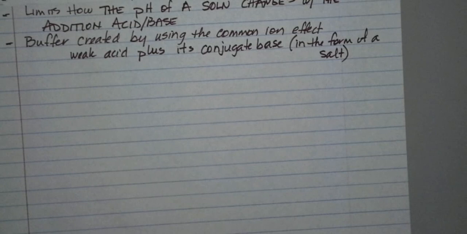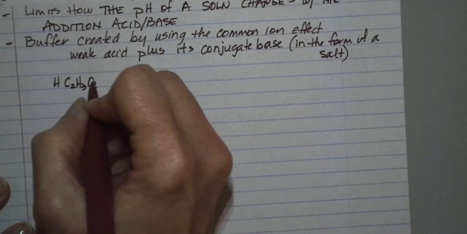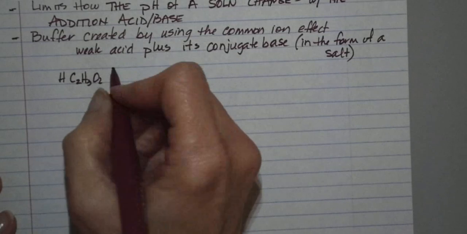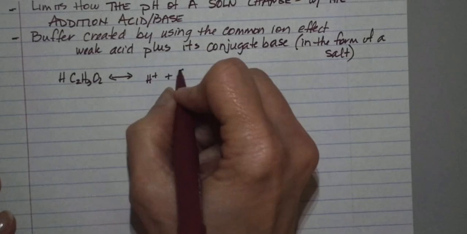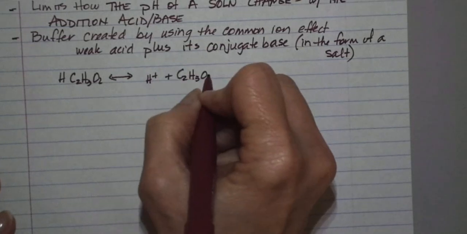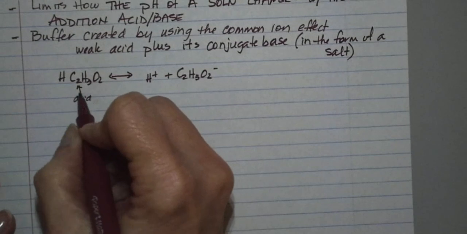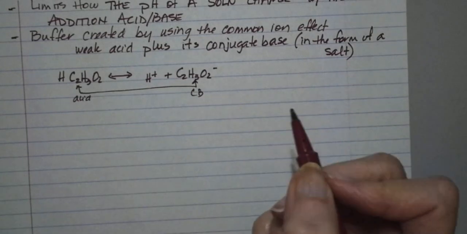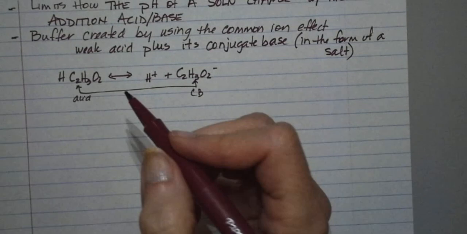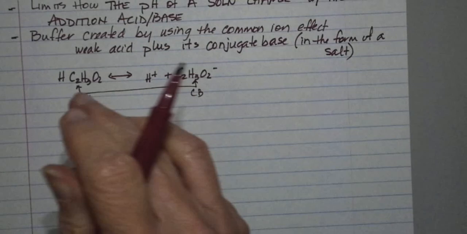So let me give an example here. We have HC2H3O2, and I'm going to write it like it's inorganic. It's going to split into the H ion plus the C2H3O2, the acetate ion, right? Here's the acid, and here is its conjugate base. So when we want to make a buffer solution, we would take the acid and add its conjugate base to it. So we might have the acid here, and then we might add sodium acetate to it.